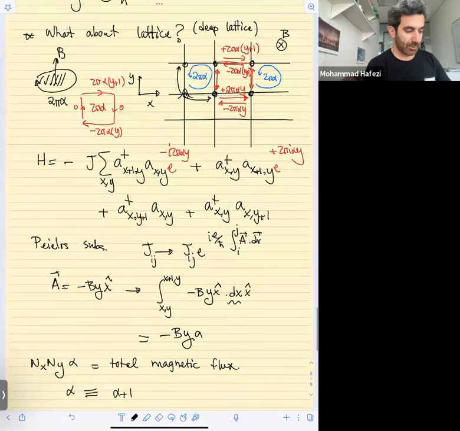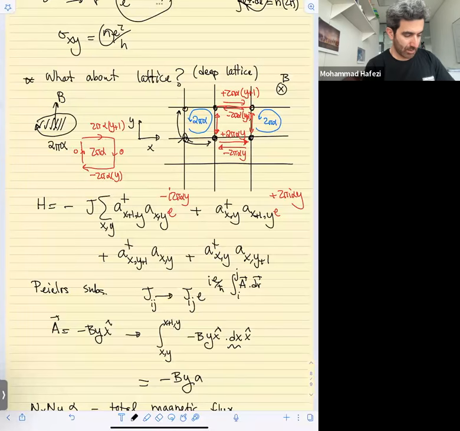Now, this Hamiltonian is for electrons on a lattice with a non-zero magnetic field, but one can simulate the same Hamiltonian for photons, for atoms, for whatever, as long as you can engineer this phase to be something that increases with the number of hops.